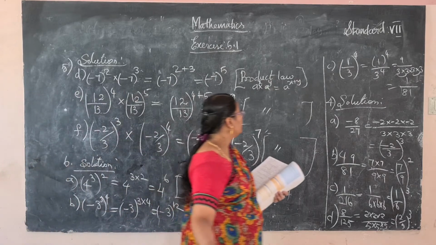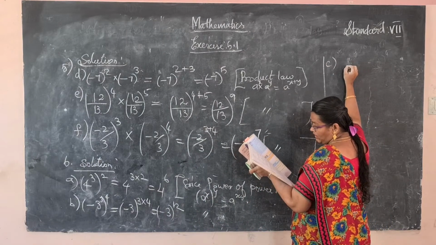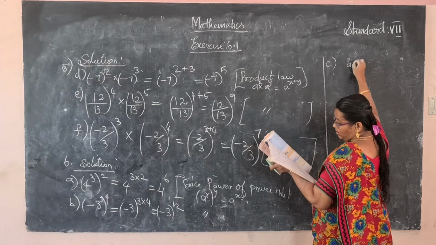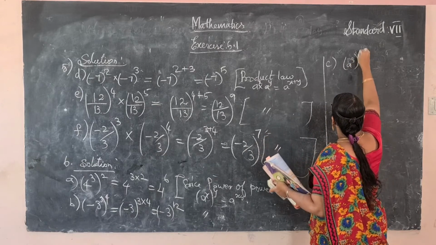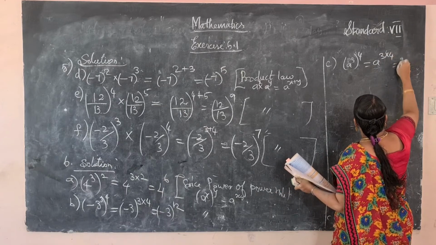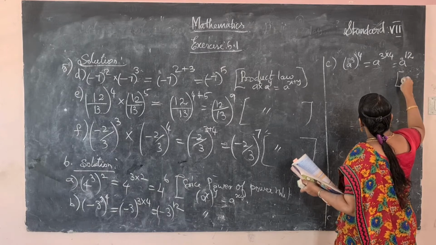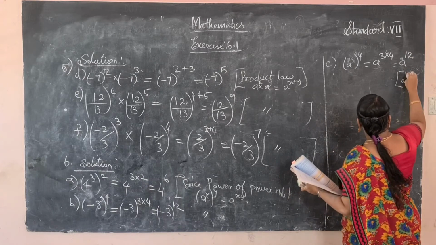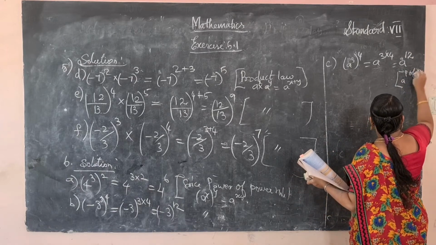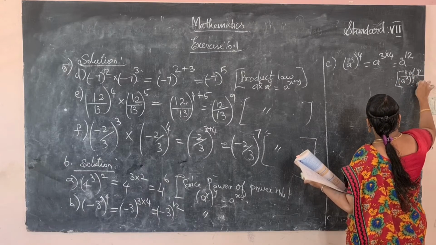And next, c. a power 3 the whole power 4. So a power of 3 into 4 is equal to a power 12. Since power of power rule, a power x the whole power y is equal to a power xy.